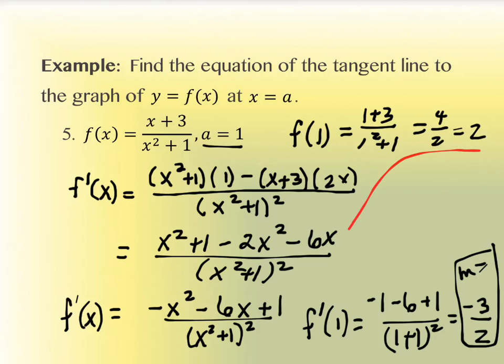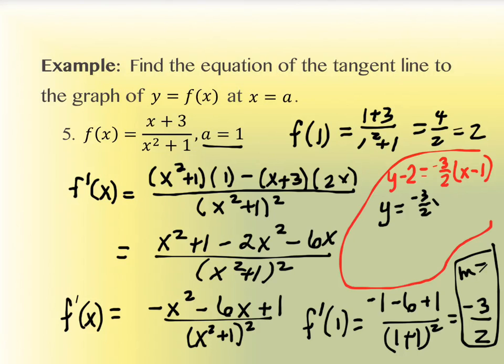All right, so let me kind of carve out a little bit of space right here in the middle. So I've got y minus the y value, which we found is 2, equals my slope, which is negative 3/2, times x minus my x value, which is 1. And if I'm asked to do so, that is to solve for y, I would then multiply and distribute and so forth. So I have negative 3/2 x plus 3/2.